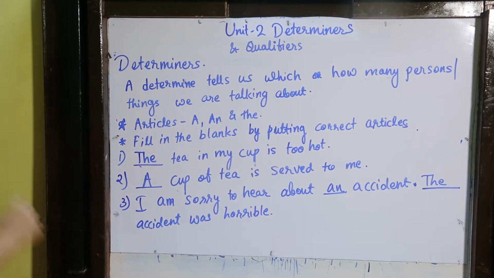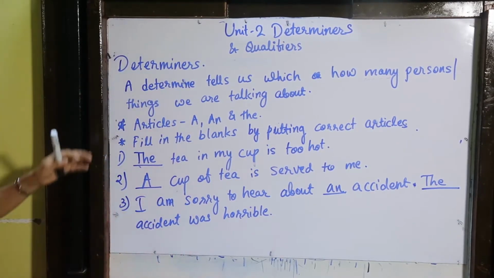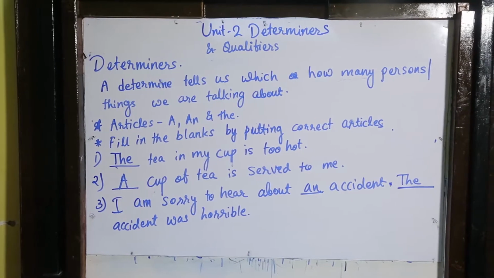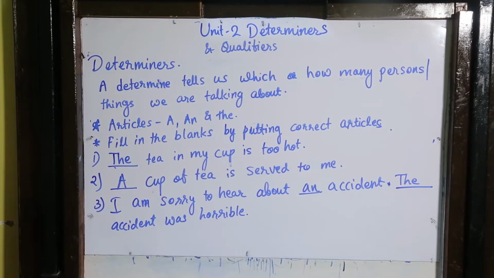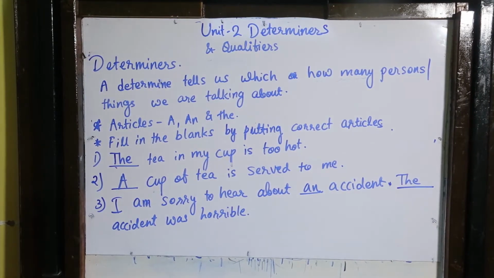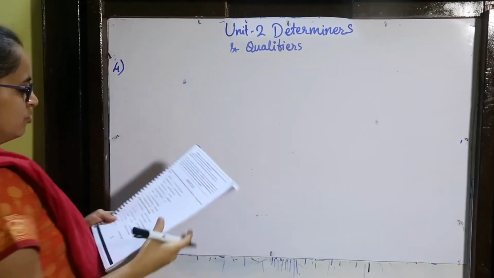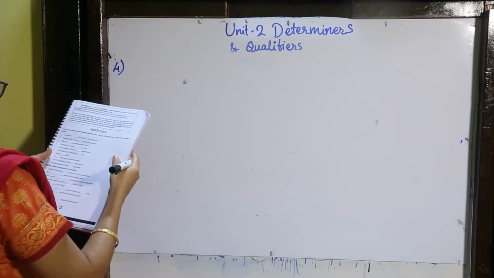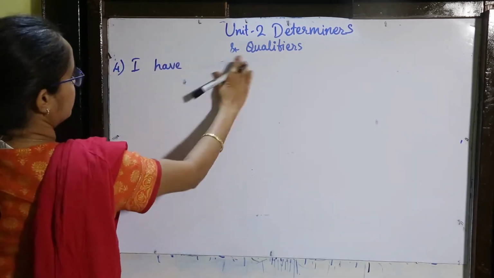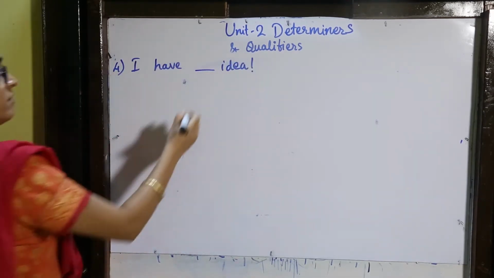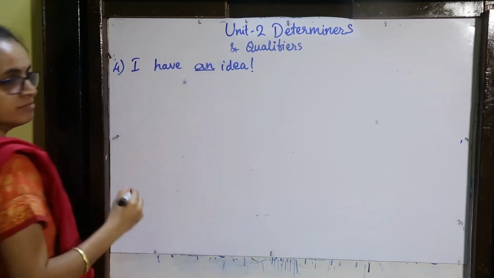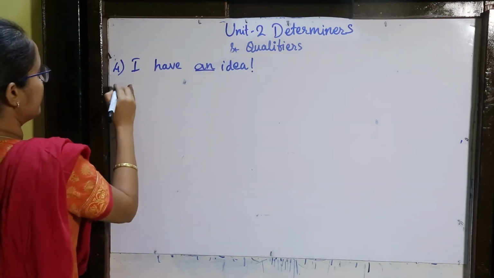Now I hope you have written this. If you have not written, please complete it. Now the fourth one; we will do only five, then we will move on to the next. I have, so I have an idea, because the idea is only one.